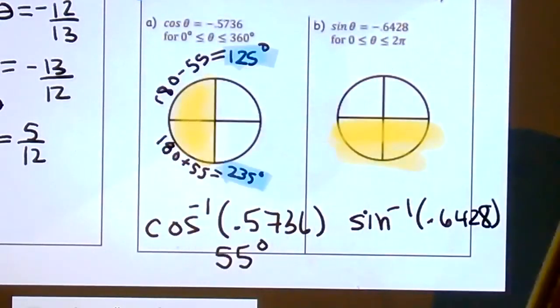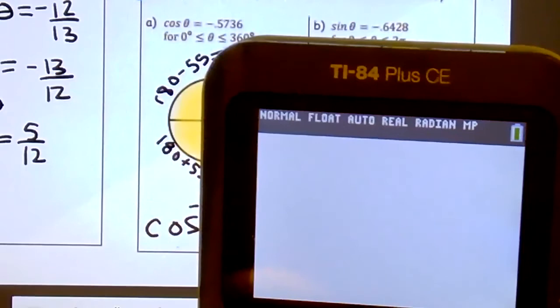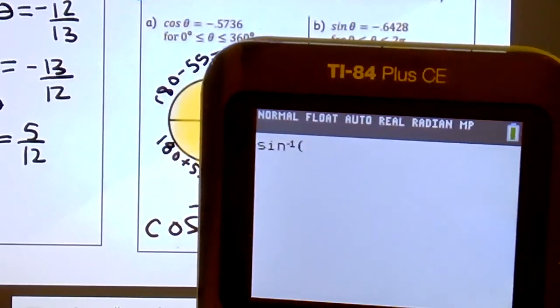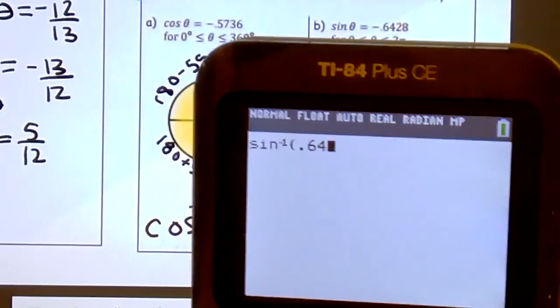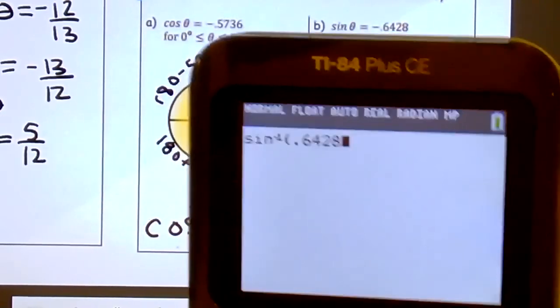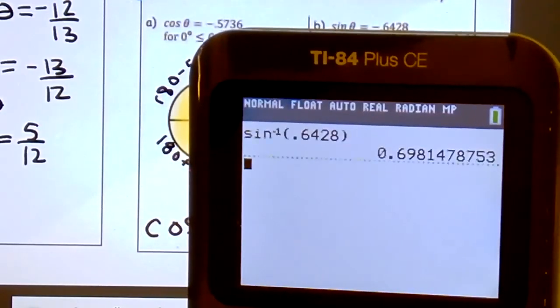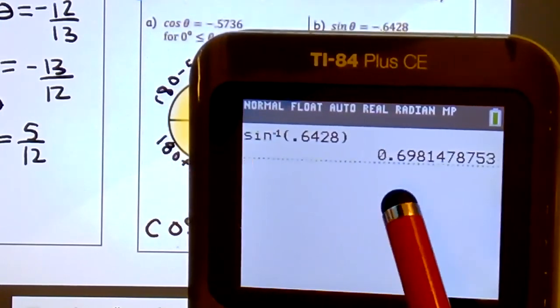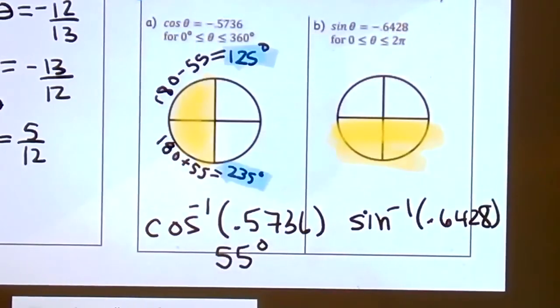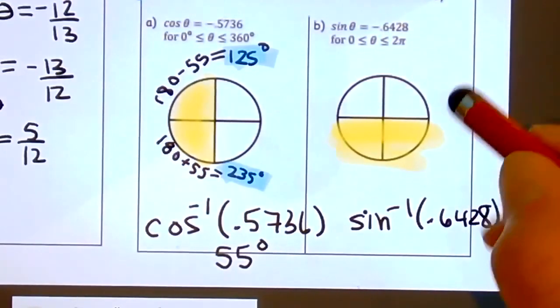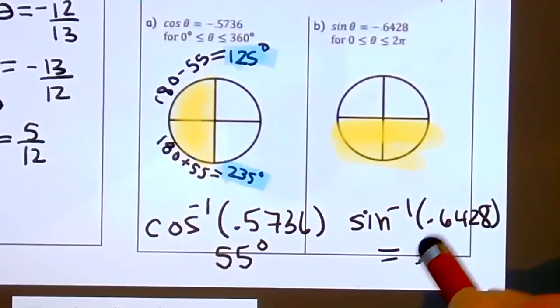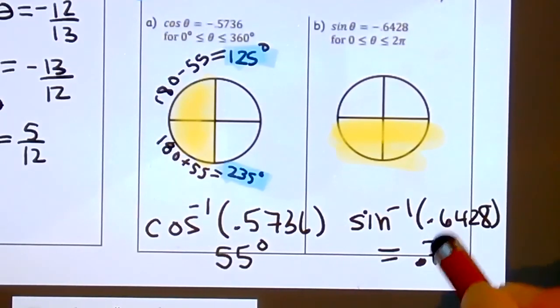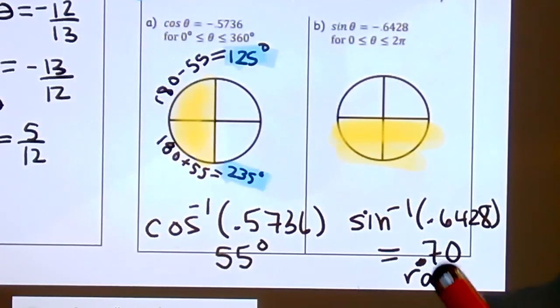And so I'm going to do sine inverse of 0.6428. And I end up with, let's say, 0.698, let's say it's about 0.70, okay? So this would equal 0.70 radians, okay?